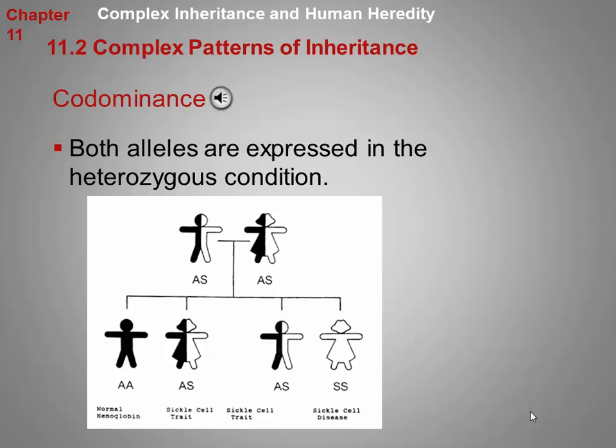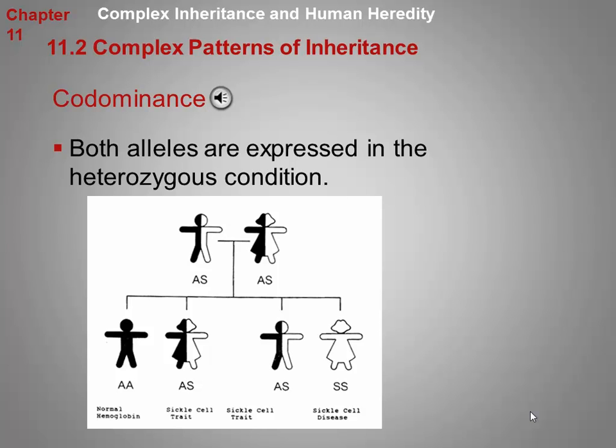So sickle cell disease results in the C-shaped or sickle-shaped red blood cell, and this occurs in a heterozygous condition. So if you have the heterozygous gene combination, then you have both normal red blood cells and sickle cell blood cells. So it's not a situation where the normal blood cell will dominate over the sickle cell. If you are a carrier for the sickle cell disease, you will have the sickle cell red blood cell and the normal red blood cell.